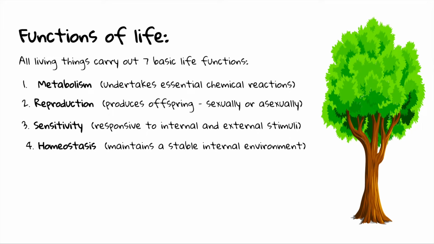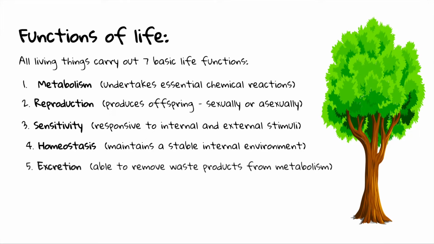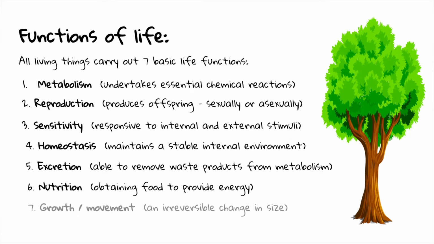Homeostasis, which is the maintenance of an internal constant environment in response to changes in the environment, which can be internal or external. And then we have excretion, which is the removal of waste products from the metabolic reactions. We have nutrition, which is the process of obtaining food to provide energy. And then we have lastly growth, which is an irreversible change in size.